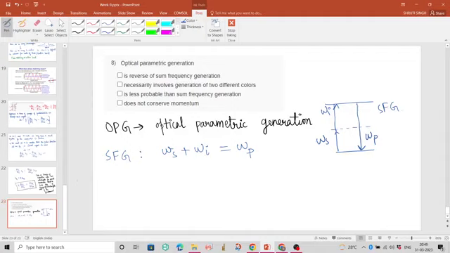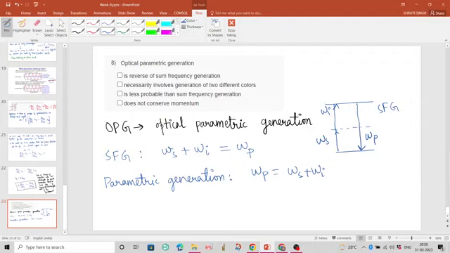Now the reverse order is the parametric generation. It is the reverse process in which one photon of higher energy splits to give two photons like this. So one photon of higher energy will split into two photons, one signal and one idler.